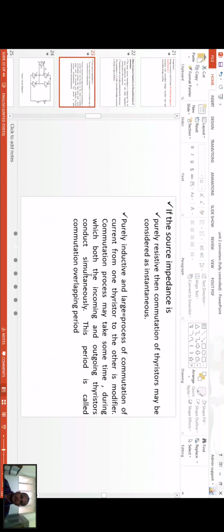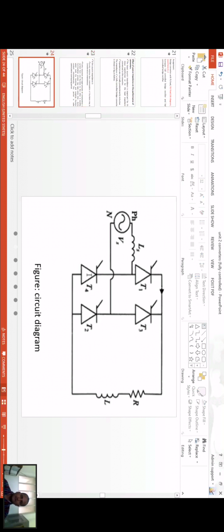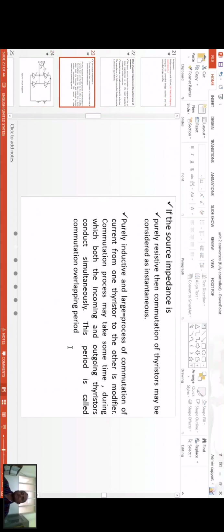So what is the effect of this source impedance of the fully controlled bridge rectifier on the performance of this converter? If the source impedance is purely resistive, then the commutation of the thyristor may be considered as instantaneous.